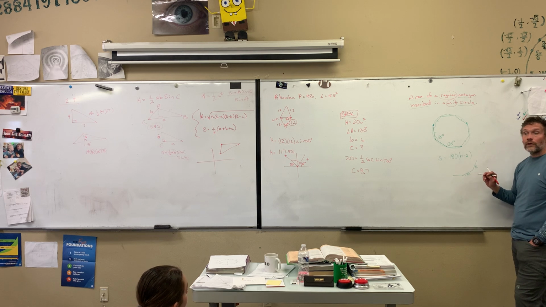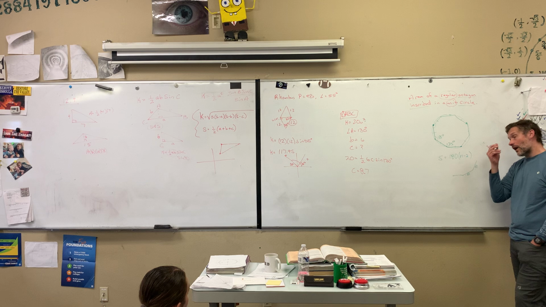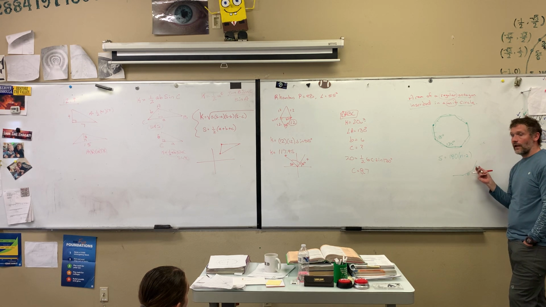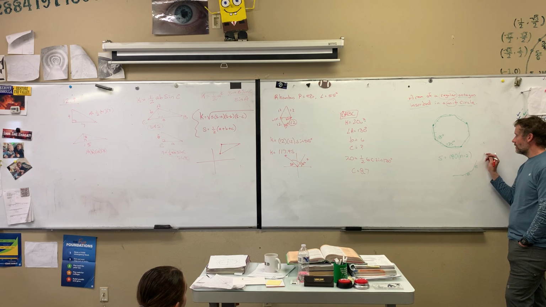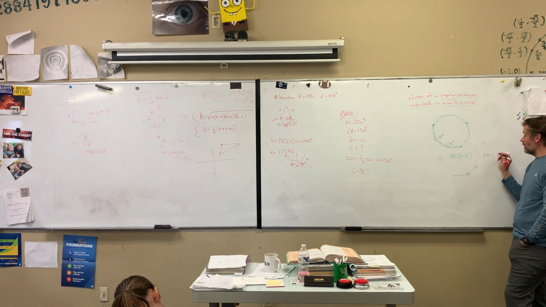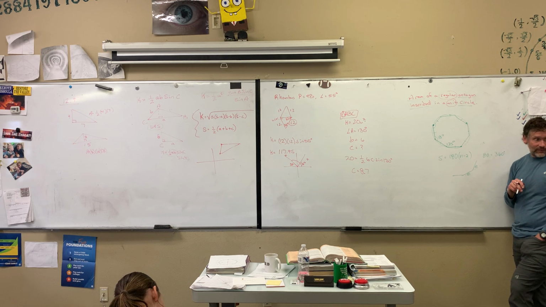An octagon has how many exterior angles? 8. So there's 8 thetas, and no matter if it's an octagon or a pentagon, the exterior angles always add up to 360 degrees.